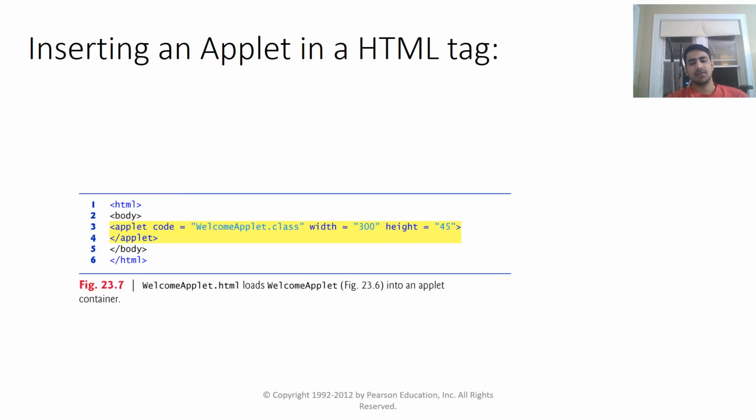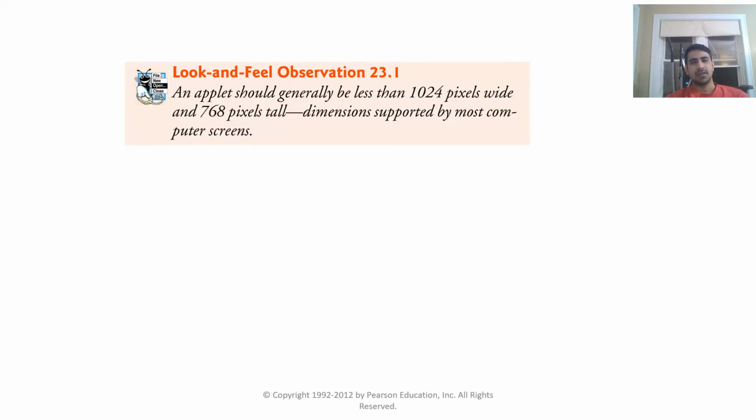Now we are going to discuss various errors which can occur in our applet when we download Java and use the applet. Now the first one is a look and feel observation.